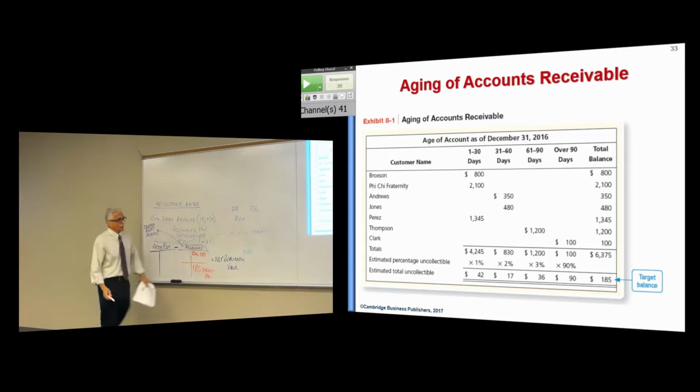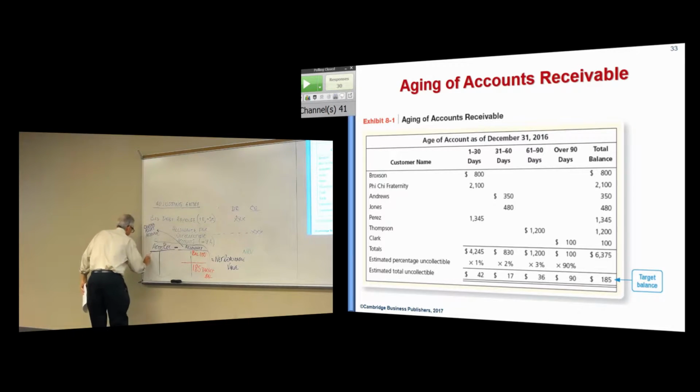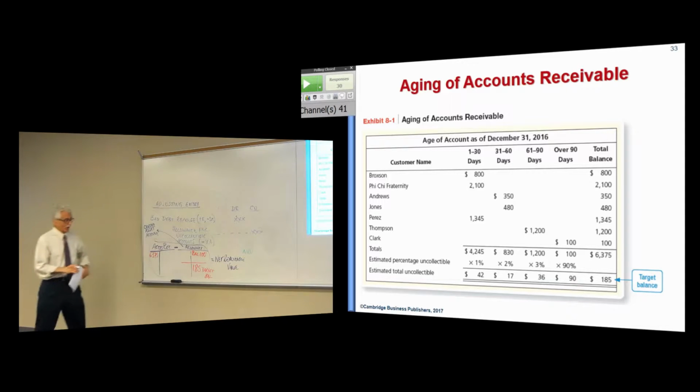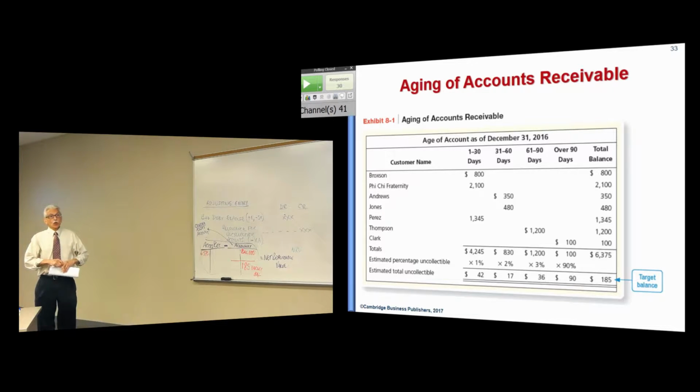And my accounts receivable, by the way, are 63.75. Okay, so we're going to do an exercise right now. All right, I got a balance of 100. Somebody in your audit team does an analysis of aging, walks in and says, look, we need 185 in that account. There's 100 in there already. What's my adjustment?